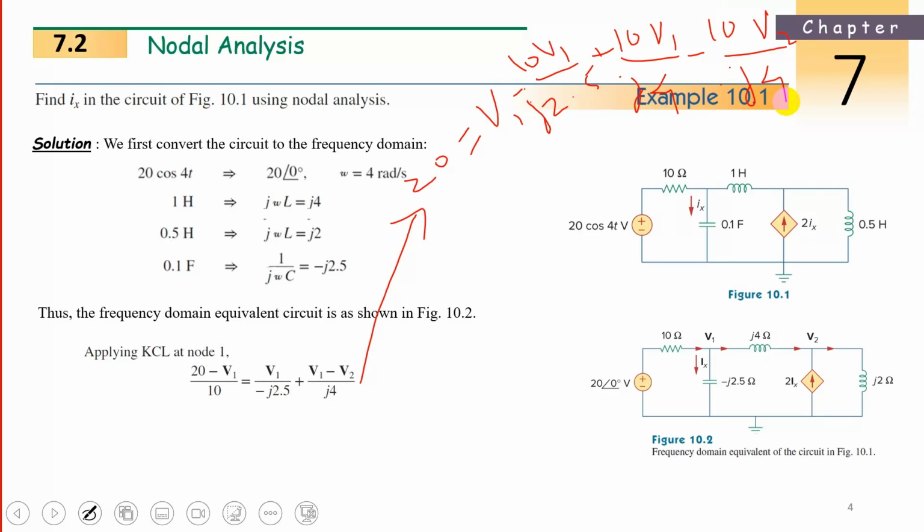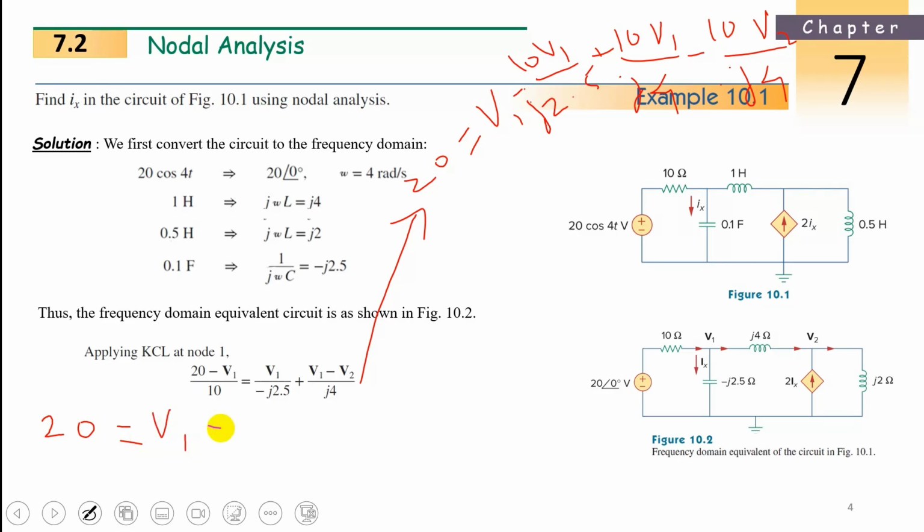Now rearrange: on this side only 20 will be there. 20 equals, and V1 you can separate without j.